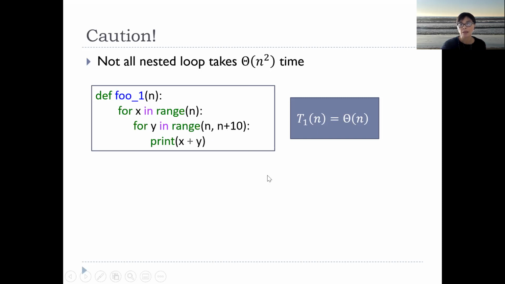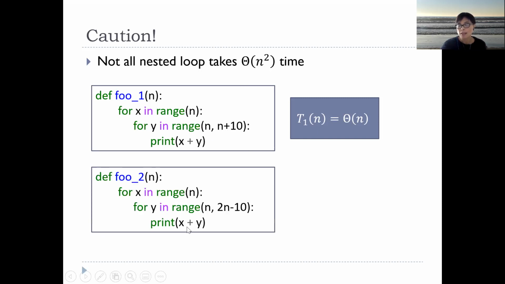Now, the following one looks very similar to this one. However, if you look at the inner loop, the print command still takes constant time, but this loop now takes linear time, because the number of iterations is basically 2n minus 10 minus n, which is n minus 10.